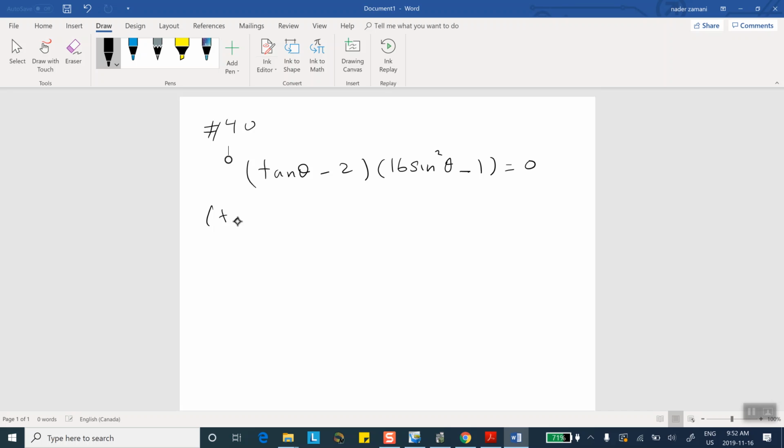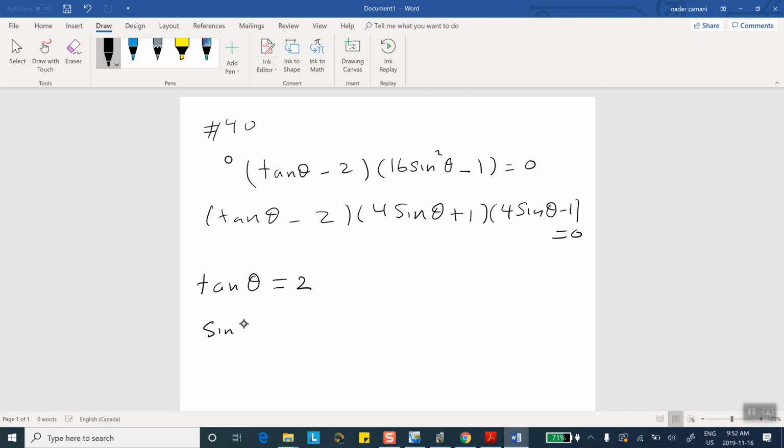So I'm going to write it like that: tangent of theta minus 2 times 4 sine theta plus 1 times 4 sine theta minus 1 equal to 0. So I get three things. Tangent of theta equal to 2, sine of theta equal to minus 1 over 4, and sine of theta equal to plus 1 over 4.